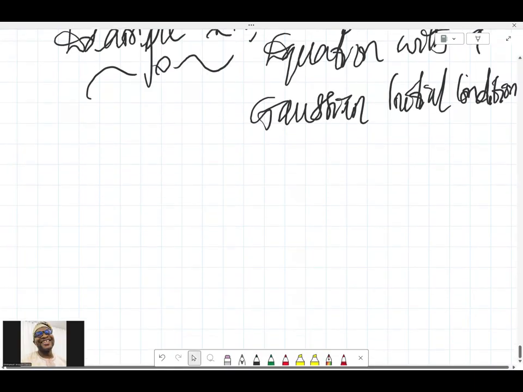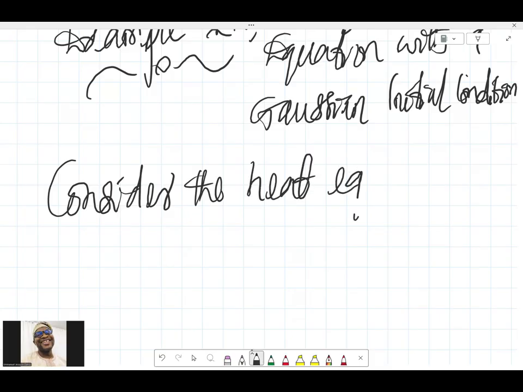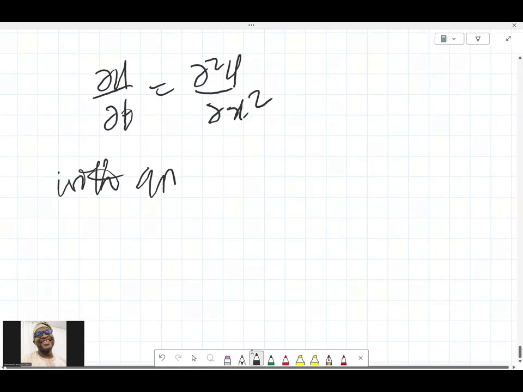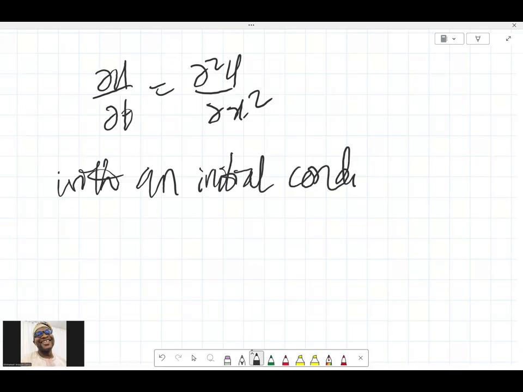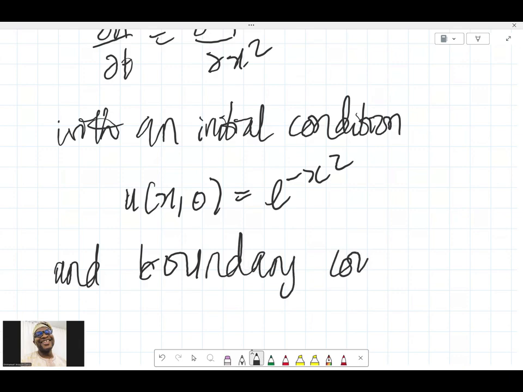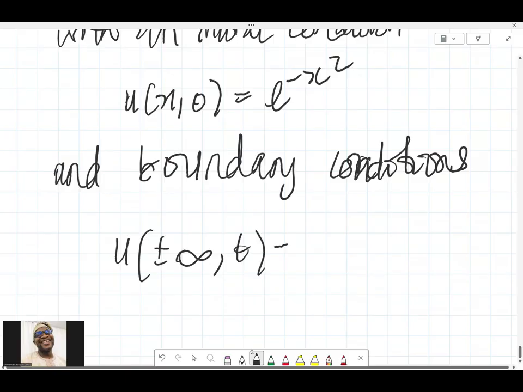Okay, so now we want to consider the heat equation partial u partial t equals partial squared u partial x squared with an initial condition u of x comma 0 equals e raised to power minus x squared, and boundary conditions u of plus or minus infinity comma t equals 0.